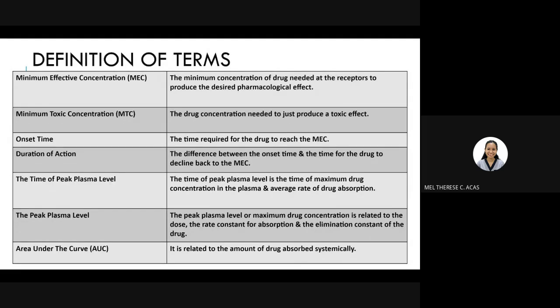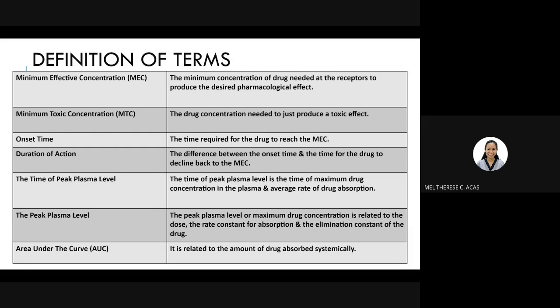This means that upon taking the medicine, there is a minimal concentration that will spread its pharmacological effect. The second is the minimum toxic concentration, or MTC. It is the minimal concentration at the toxicity level.